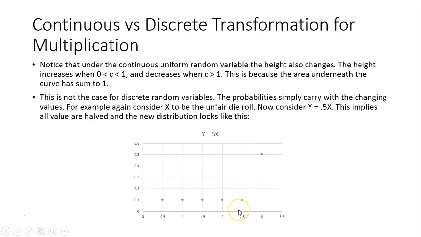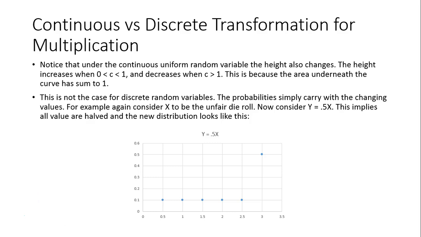The whole distribution has become more compact, and so its variance has shrunk, by a factor of 0.5 squared. So its variance is 0.5 times 0.5, which is 0.25 of the variance before. Before it was much more spread out, so the variance has shrunk by a factor of 4.